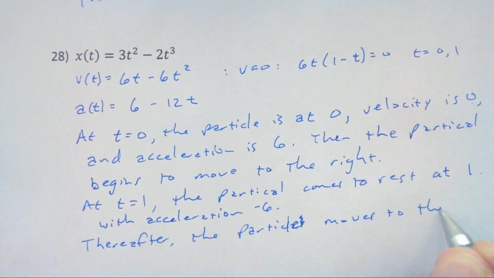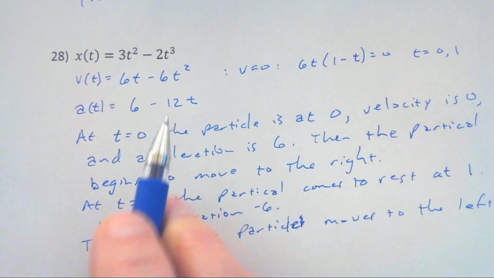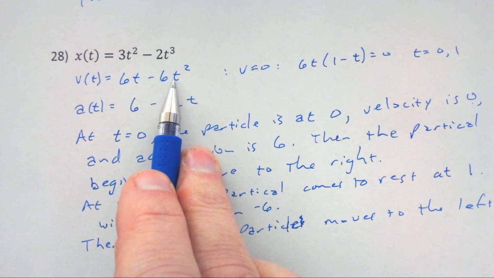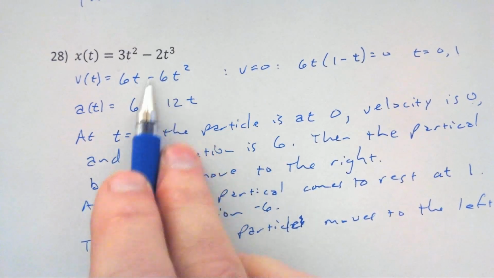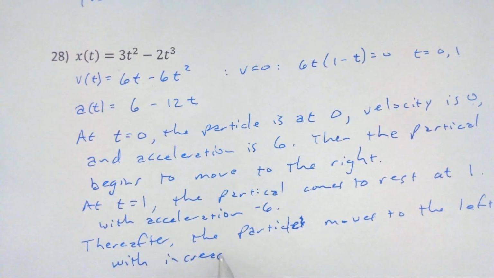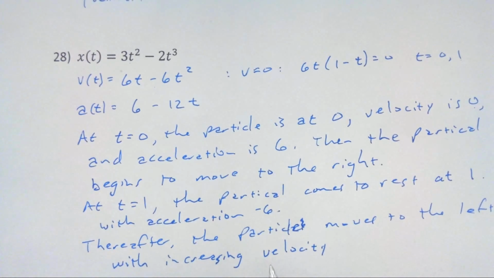moves to the left, and the bigger value I put in here for t, the more this is going to make this decrease with increasing velocity. It moves to the left with increasing velocity.